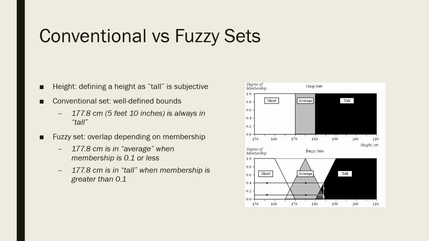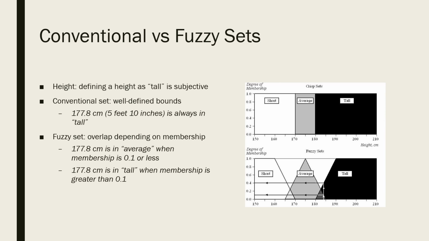This example shows the difference between conventional and fuzzy sets. We use the example of defining an individual's height as tall. This is subjective. For example, one person may say that 6 feet and above is tall, while another person's idea of tall might be 5 feet 10 inches and above. As we can see from the figure on the right, conventional sets have well-defined bounds. So 5 feet 10 inches or 177.8 centimeters always falls in the tall set no matter what.